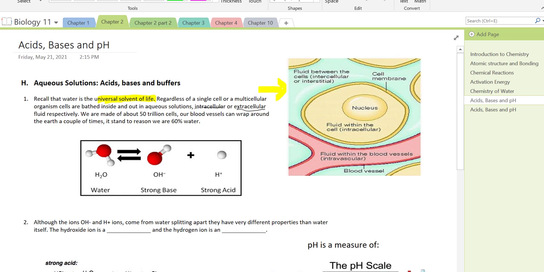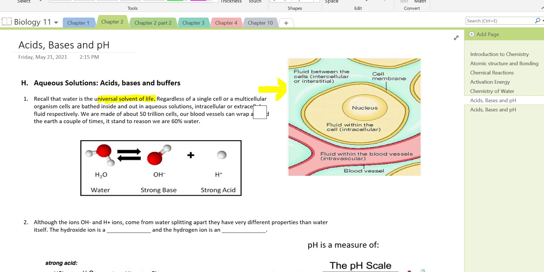If we consider our bodies, we're made up of about 50 trillion or so cells, in addition to the blood vessels that surround all of our cells that are also water, so we can understand how we're 60% water.